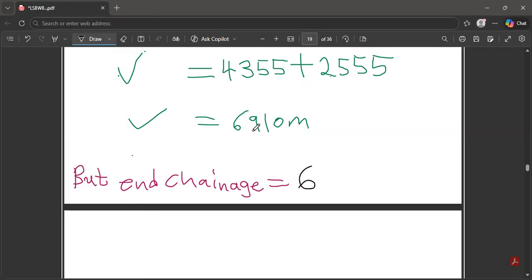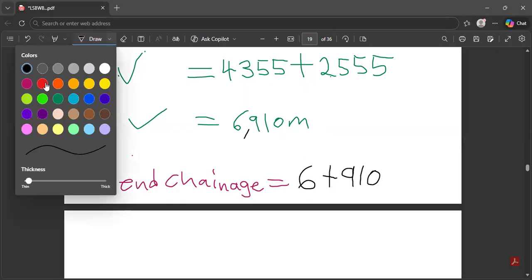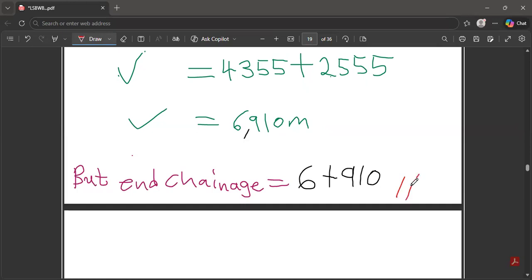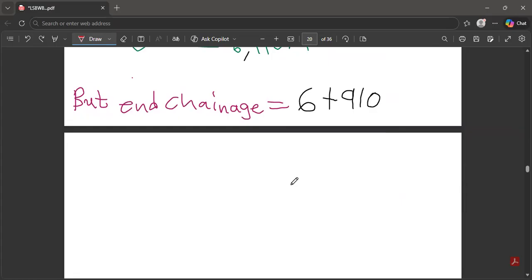As I always tell you, always bring the first one like this, then the rest can be history. So 6 kilometers plus 910, and you are done. And now with your solving, this is all you are supposed to provide. So let's proceed to solve question 5.